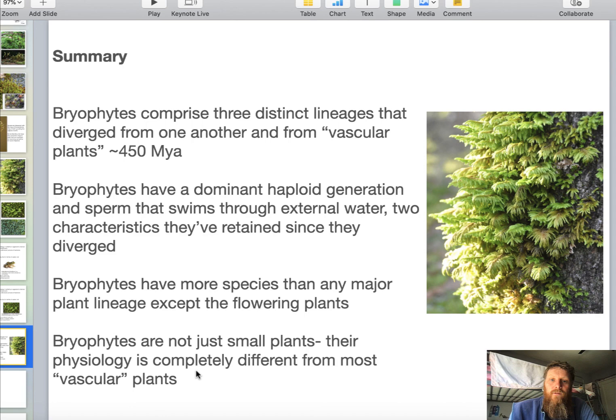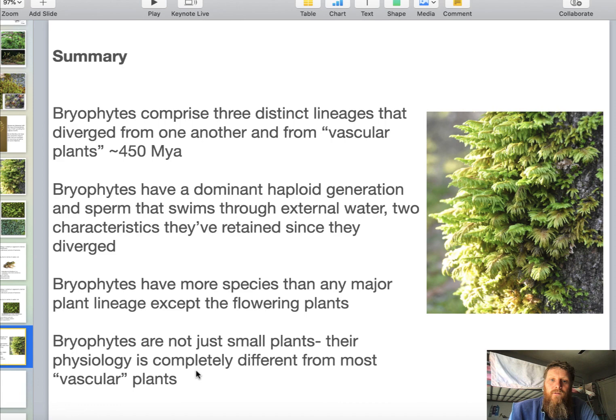Bryophytes have more species than any major plant lineage except for flowering plants. So the number of mosses and liverworts, for example, is much higher than the number of ferns or gymnosperms or lycophytes. So just because they're small doesn't mean that they're any less evolutionarily interesting.